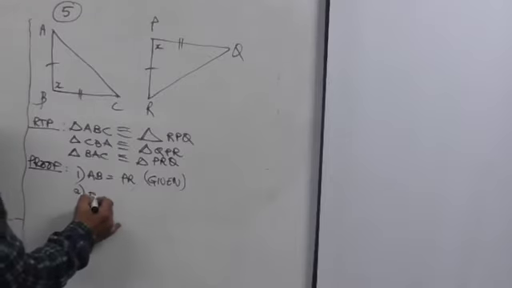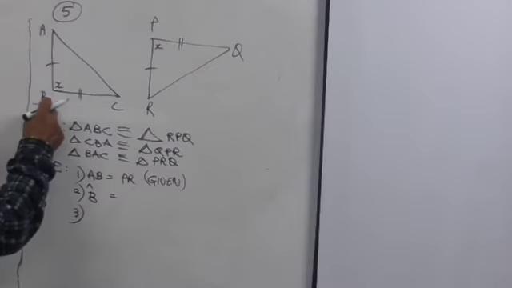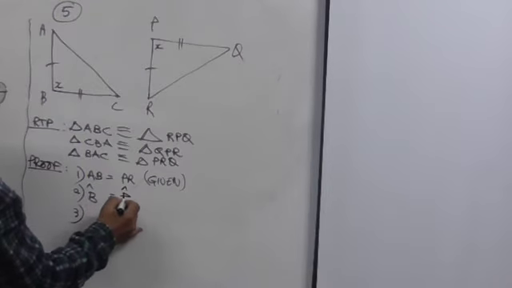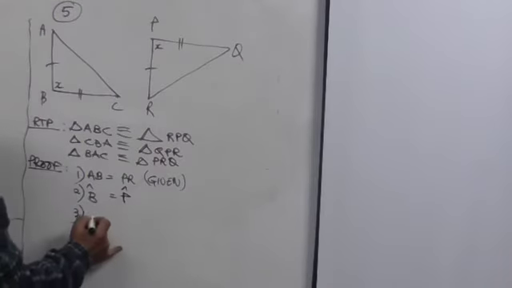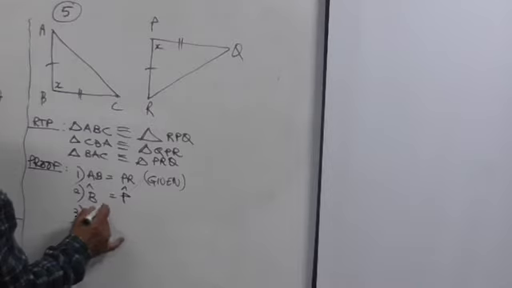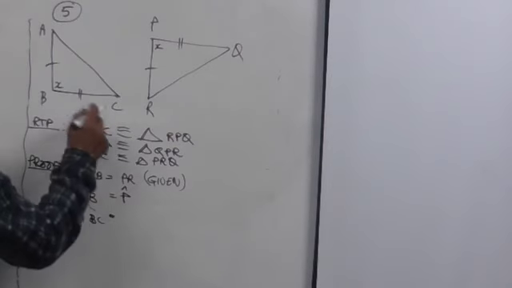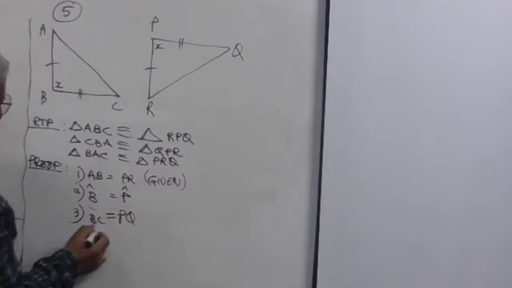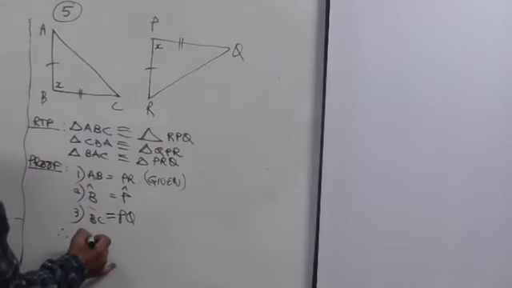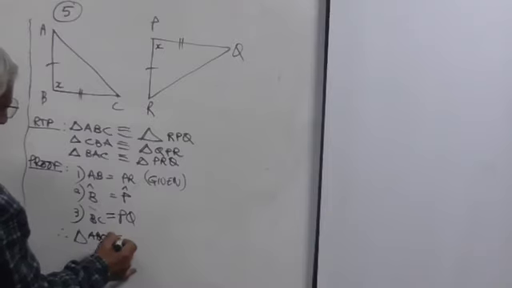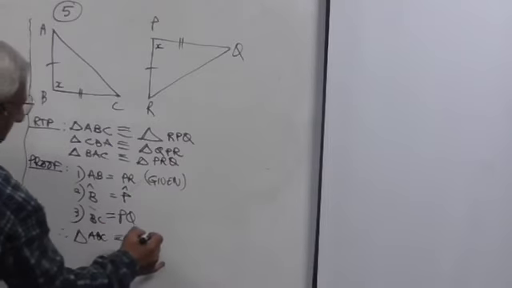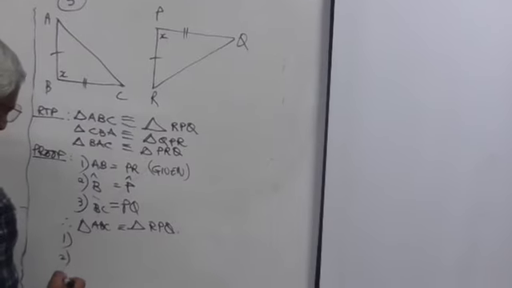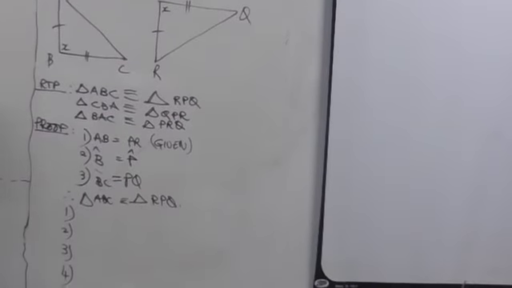Angle B is equal to angle P, and finally BC is equal to PQ. Therefore, triangle ABC is congruent to triangle RPQ. Like I told you before, it doesn't matter what label you use, the deductions will still be the same.